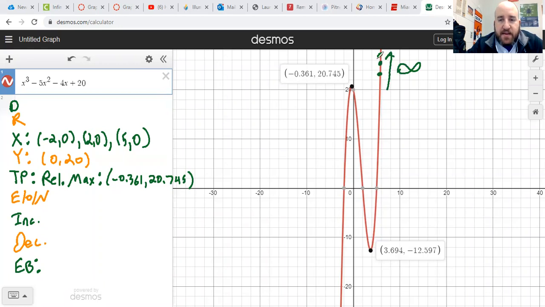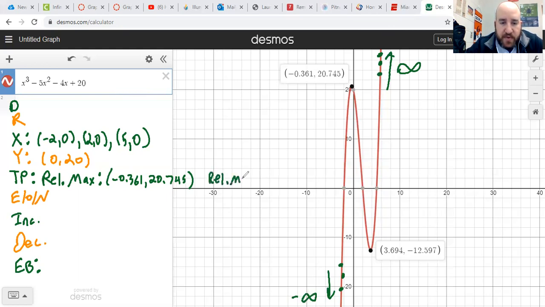So we can't say any of these are a maximum value because the graph keeps going past all these points and it's going up to infinity. So it never gets to a last value that we could call a max value, okay? So that's a relative maximum. And then down here is going to be a relative minimum for the same reasons. Yes, these points are lower, but all these points are on a part of the graph going down to negative infinity.